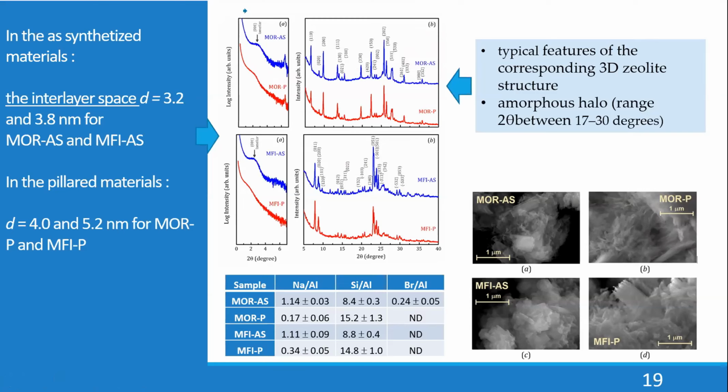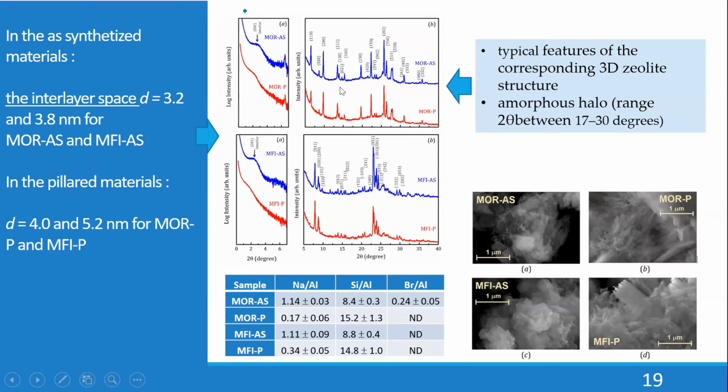But how to prove that we have 2D zeolites? To respond to this question, we need to look in the small angle region. And here we can see that there is an additional peak that corresponds to the 001 lamellar structure. So we have really synthesized the 2D materials with an interlayer space of between 3 and 4 nanometers.